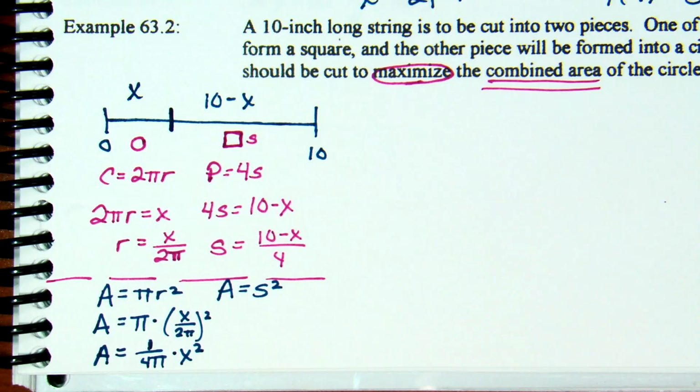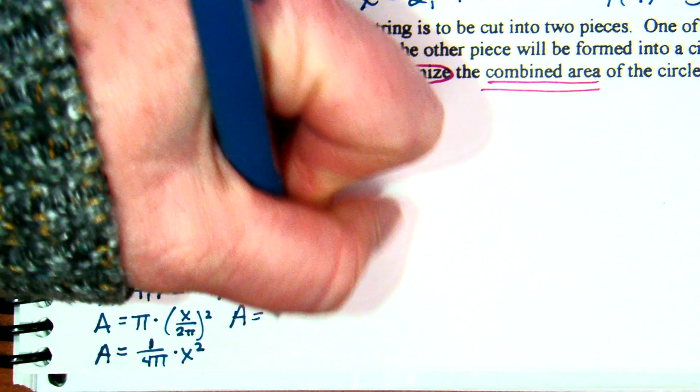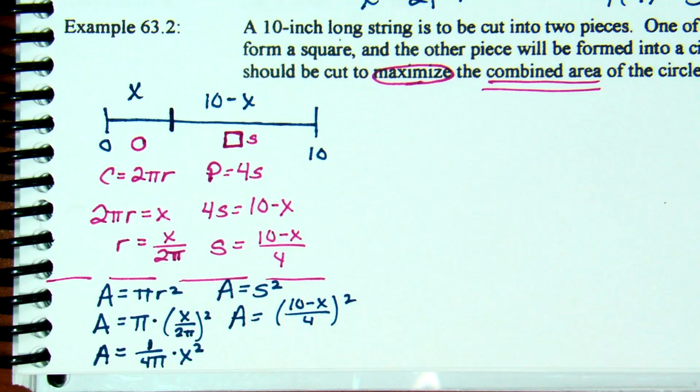Now, are we okay with that one? We have to do the same thing for the square. It's A equals s squared, which means it's going to be 10 minus x over 4, quantity squared. Well, how about you guys can square the numerator, I'll take the denominator. 100 minus 20x plus x squared.